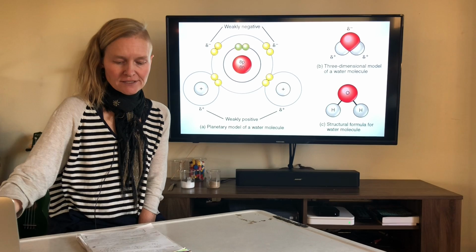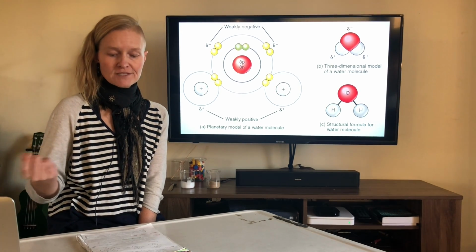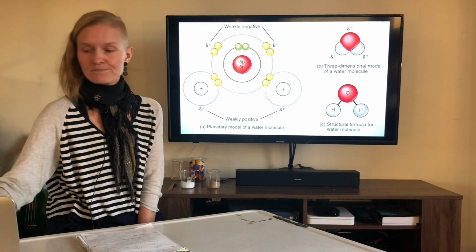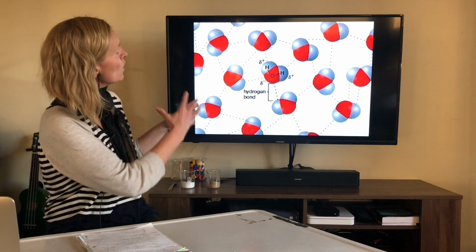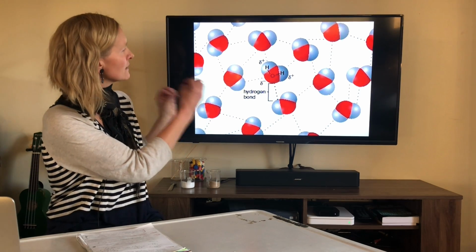So hydrogen bonds can occur with other electronegative atoms, such as fluorine, oxygen, and nitrogen. Here's a picture of what water looks like on the molecular level.